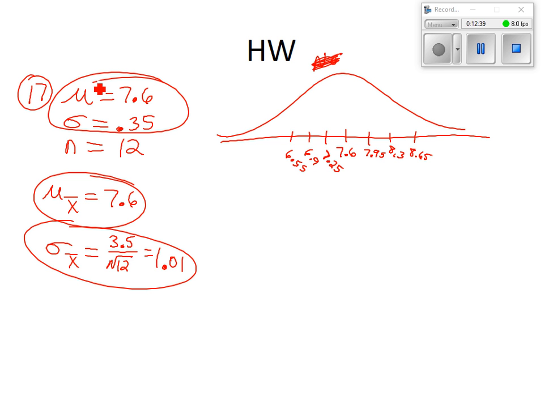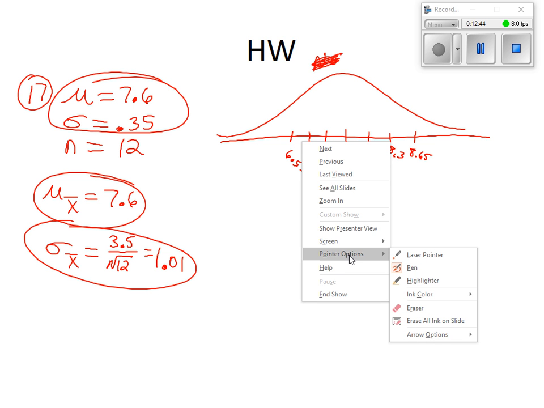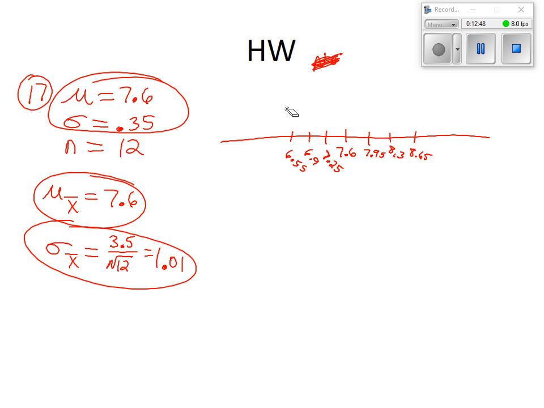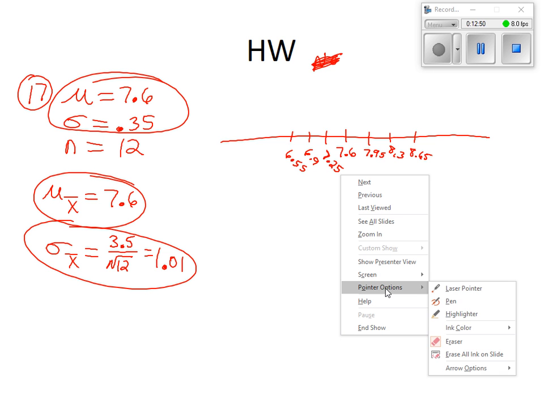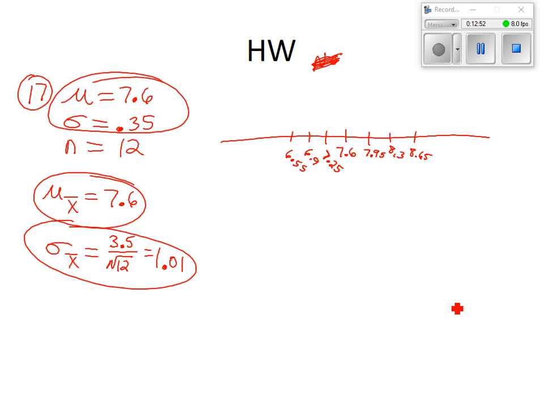Now, again, mine's not spread out enough. Let's get rid of the curve, because the curve should actually look something like that.